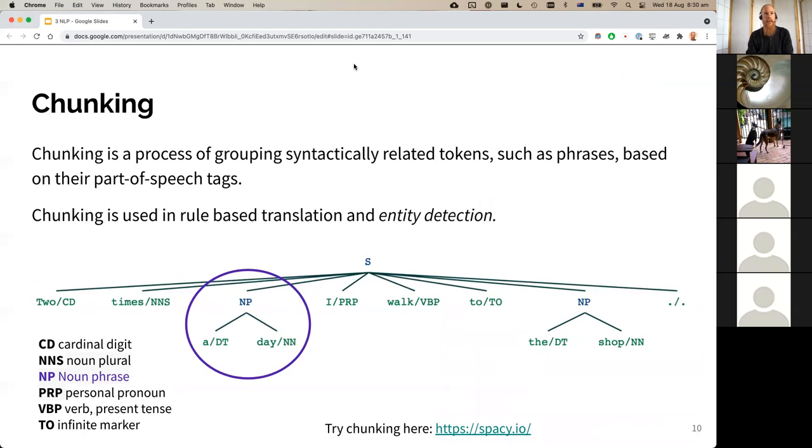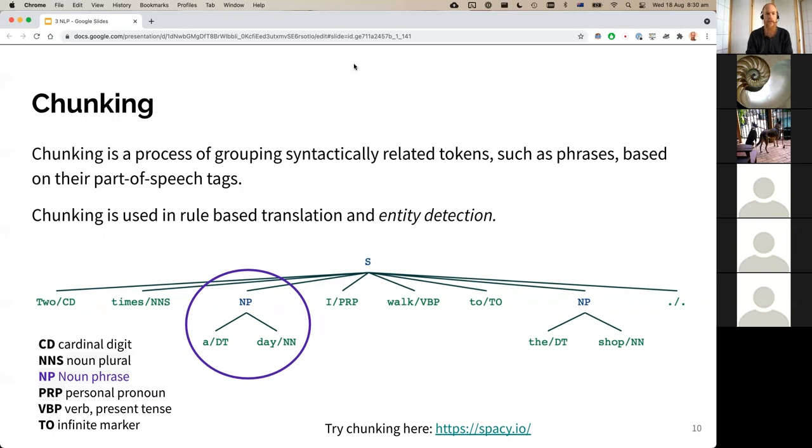Chunking is this process of grouping tags, or grouping parts of the input, parts of the sentence. We can see in this deconstruction graph that the sentence can be broken down into individual parts of speech.